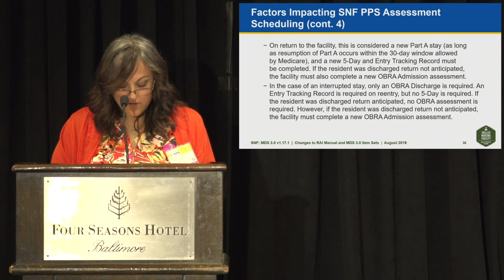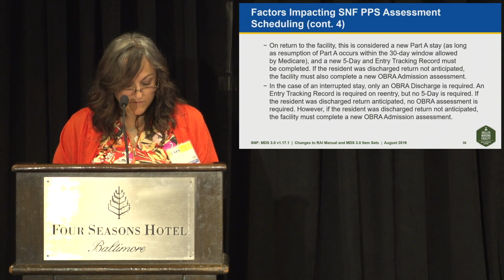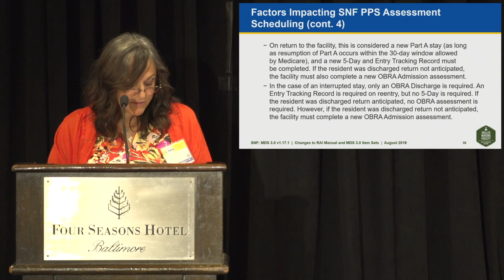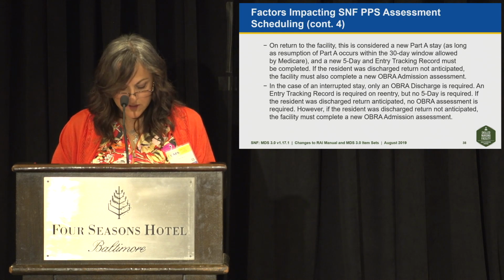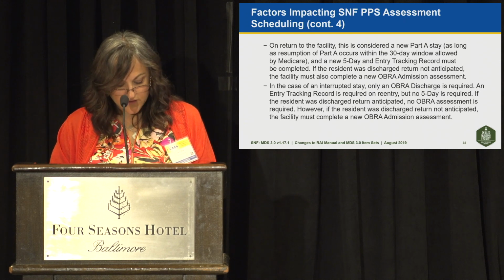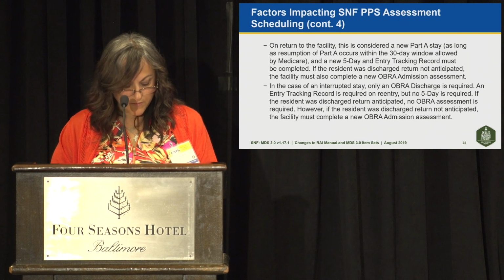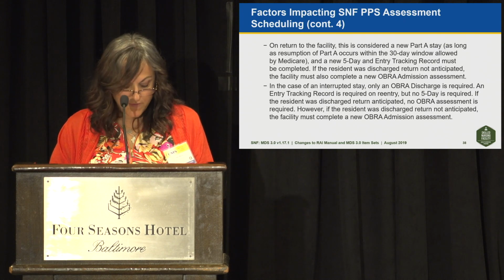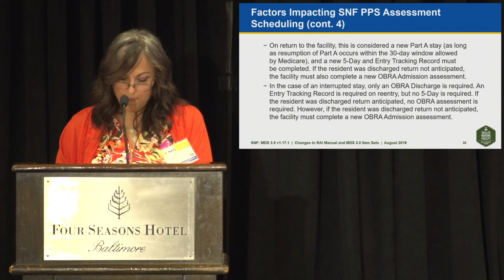And an entry tracking record would be required, but no new 5-day. If the resident was discharged, return anticipated, no OBRA admission would be required, right? That's the current policy. But if the resident was discharged, return not anticipated, the facility would have to complete a new OBRA admission. And the beneficiary, of course, anytime they come back, should also be assessed to determine if there was a significant change of status.